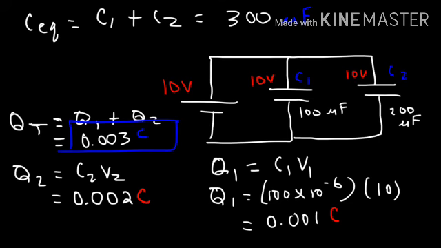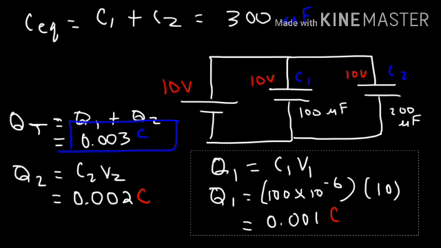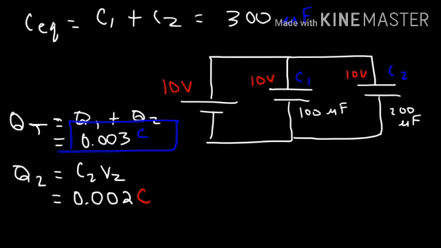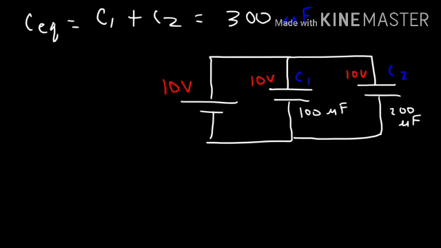Now, how can we calculate the energy stored in C1? What is the electric potential energy stored in that capacitor? One equation that you can use is 1/2 CV squared.